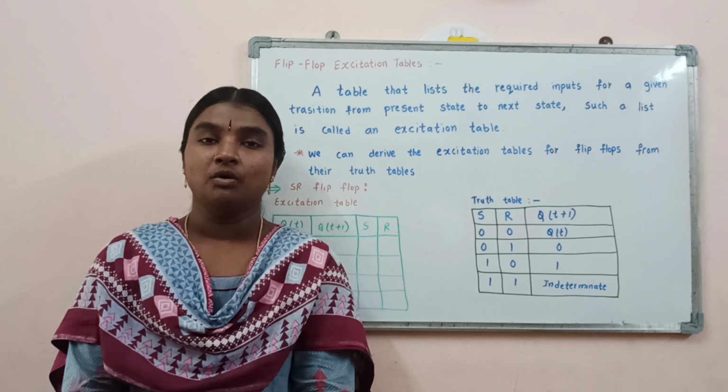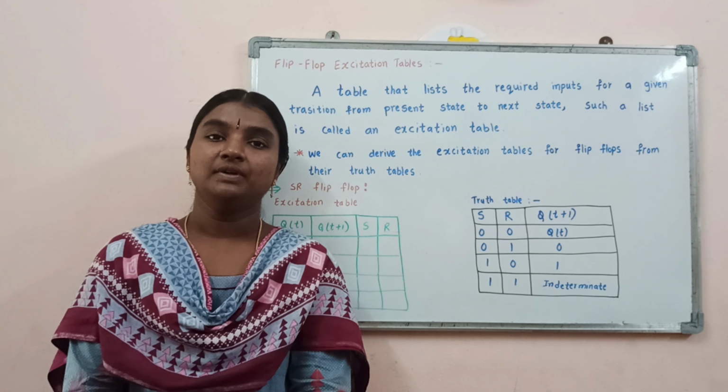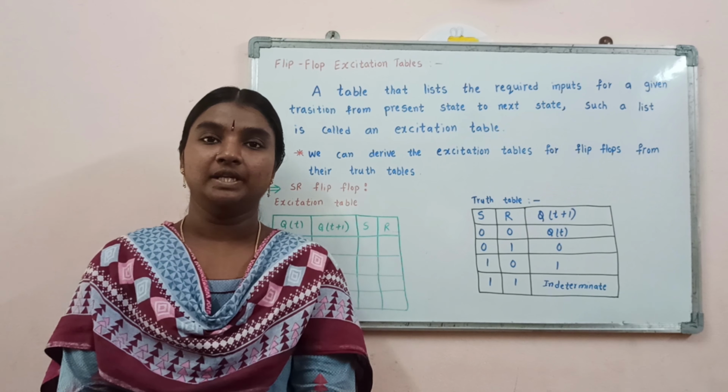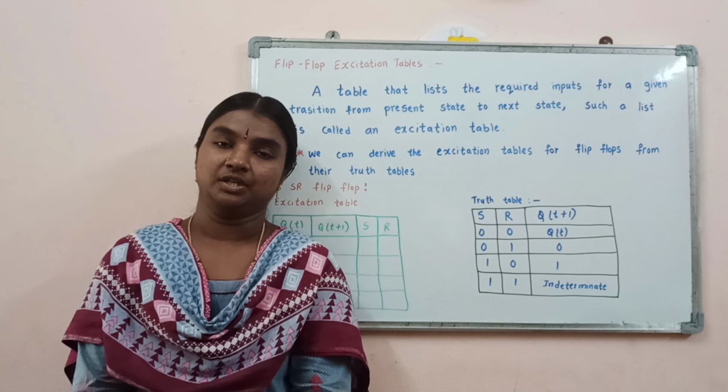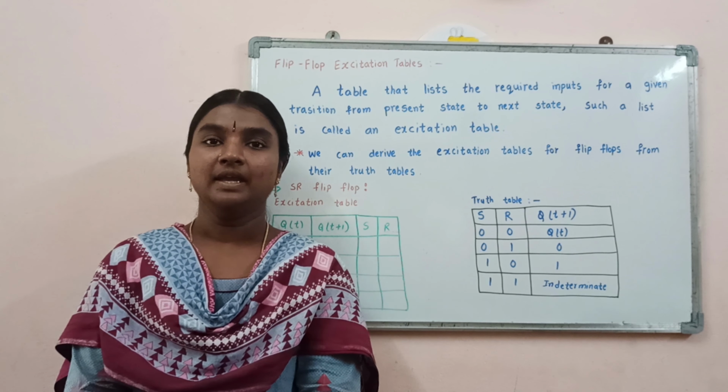During the design process of a sequential circuit, we have a transition from present state to next state and we wish to find out the input conditions during that transition. So for that reason, we need an excitation table.